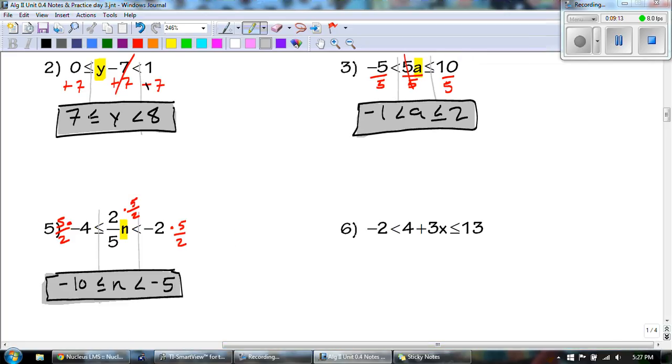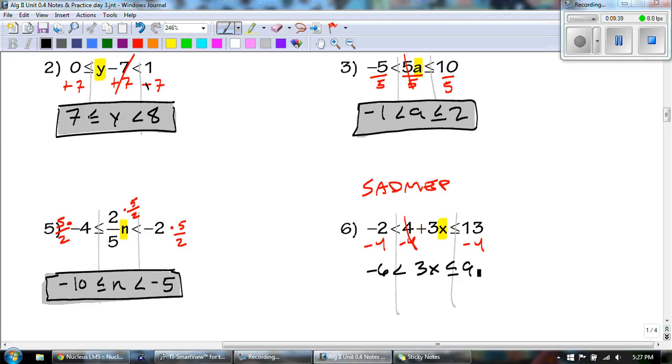All right. Now they're starting to get a little bit longer. Okay? Remember, follow the rules of SADMAP. Cancel addition or subtraction first, so I'm going to subtract the 4. That cancels. -2 minus 4 is -6, which is less than 3x, which is less than or equal to 9.